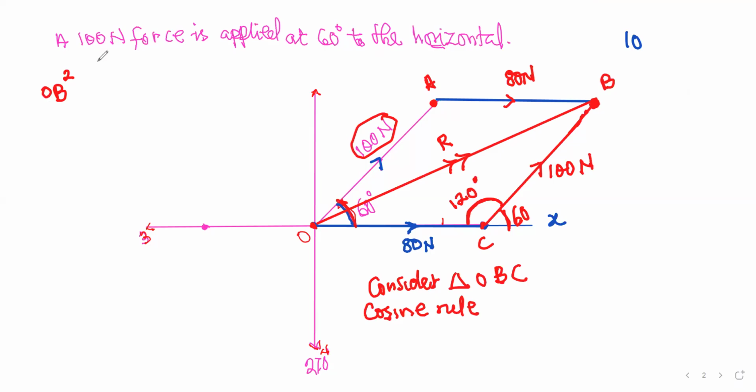OB squared is equal to, let's use the letters first, OC squared plus CB squared minus 2 OC times CB times cos 120 degrees.